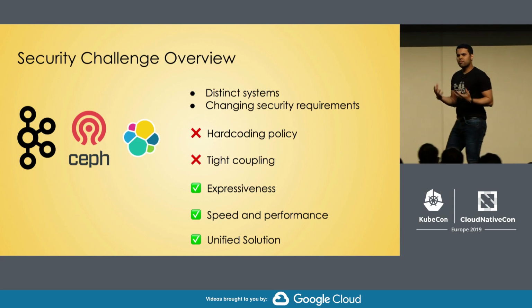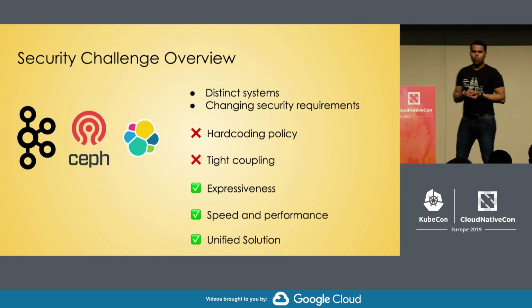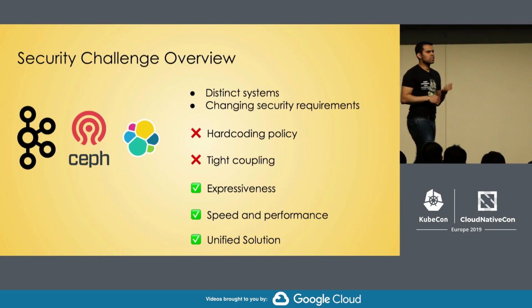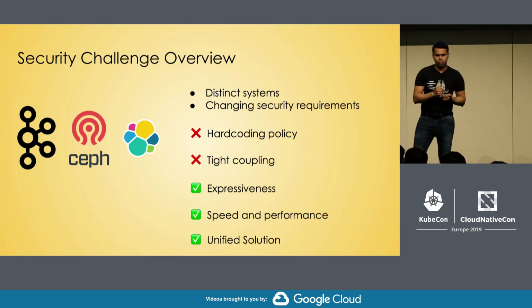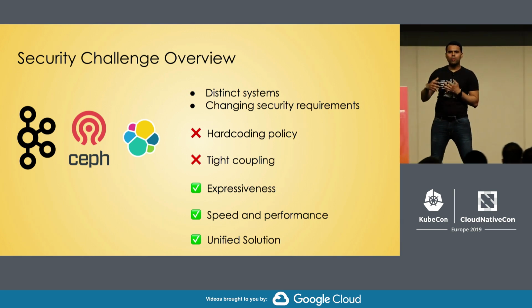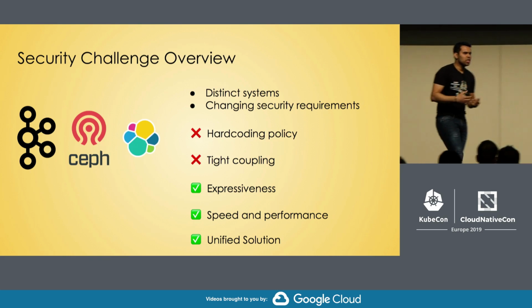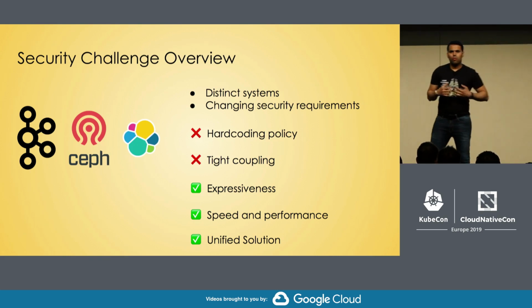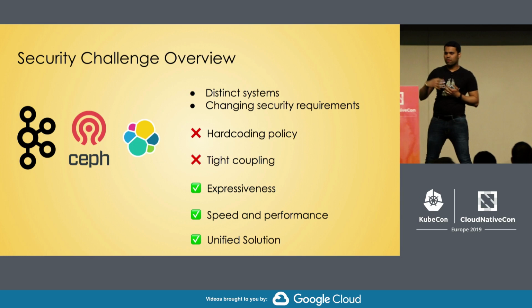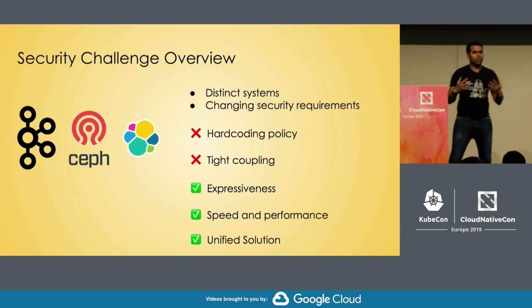Or without tightly coupling the underlying system to the policy enforcement? And more importantly, how are you going to achieve these two objectives without compromising on speed and performance, and in a really expressive manner?